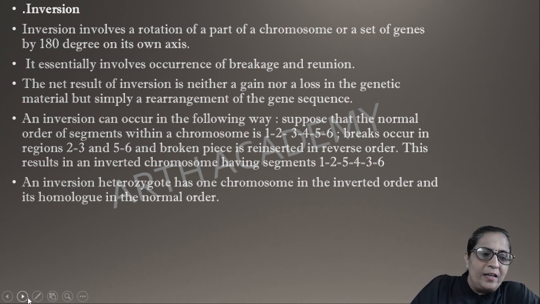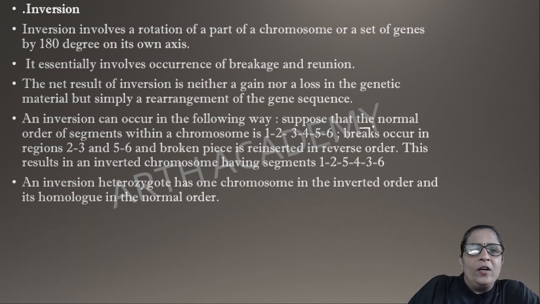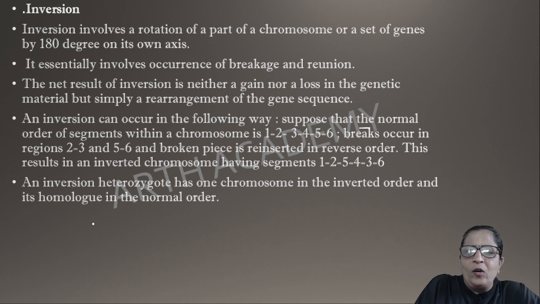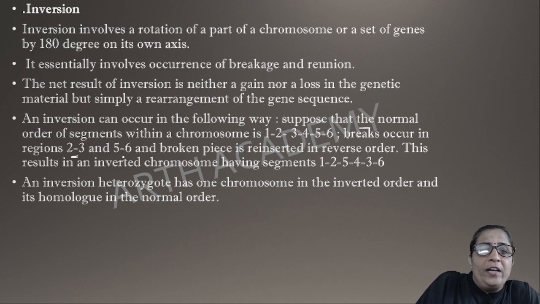Suppose as I have given you here, you can see the normal order of a segment within a chromosome: 1, 2, 3, 4, 5, 6. For example, यदि हम बोल रहे हैं ये एक क्रोमोसोम है जिसमें नॉर्मल ऑर्डर क्या है 1, 2, 3, 4, 5, 6. ठीक है. Breaks occur in the region 2, 3 and 5, 6. Take it like this.